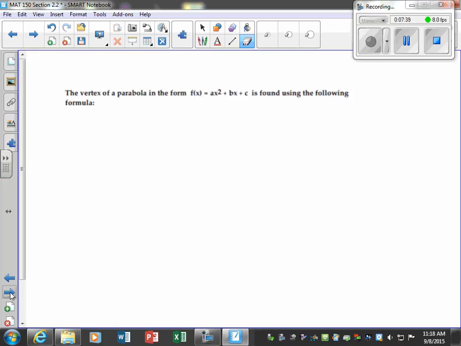Next, the vertex of a parabola in the form. So now we have our standard format. f of x equals ax squared plus bx plus c. And I ask you right now, right off the front, if I give you one, can you tell me what the vertex is? And it's not in that same format. So we need a formula. When our quadratic is given in this form, we need a formula to find the vertex. And that formula is going to be negative b over 2a is the x value.